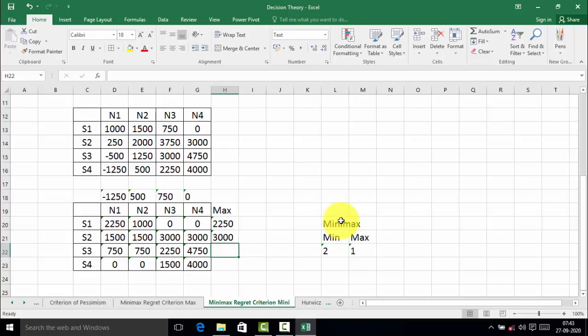In the third alternative it is 4750, and in the fourth alternative it is 4000. Now we find the minimum of those maximum values, which is 2250. Therefore we can say that strategy 1 is selected according to the minimax regret criterion for the minimization problem, for the cost matrix.